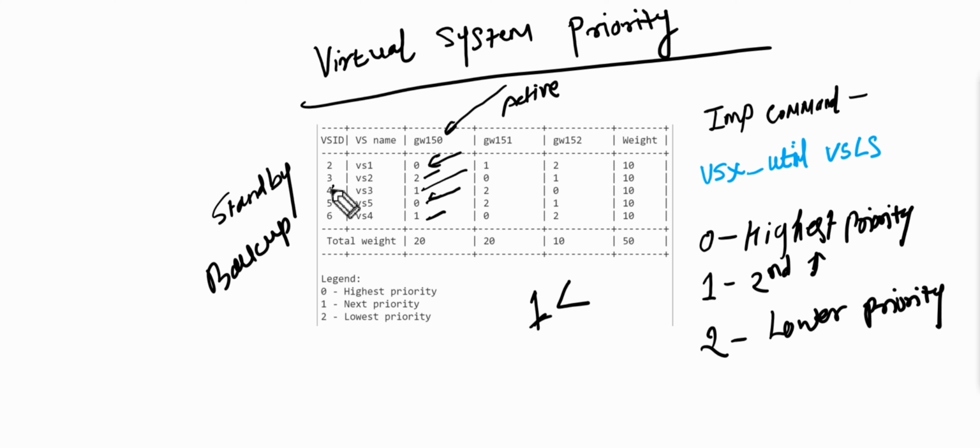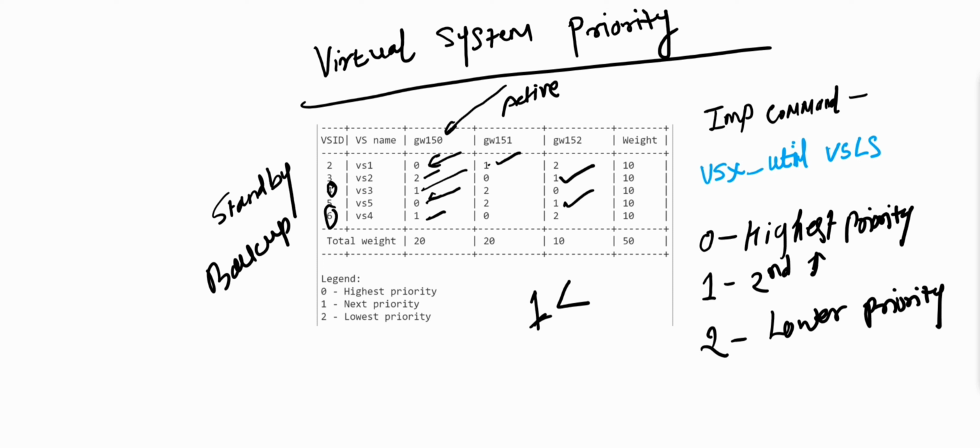So here, on gateway 150, those are the active ones. On VSX gateway 151, virtual system 2 is active. On gateway 152, virtual systems 3 and 5 are active, right?